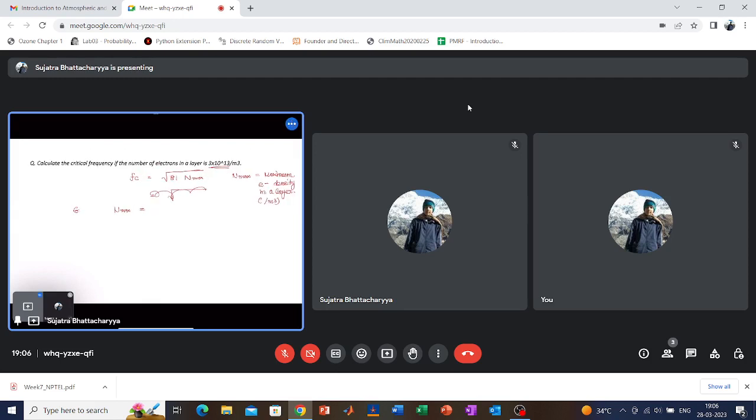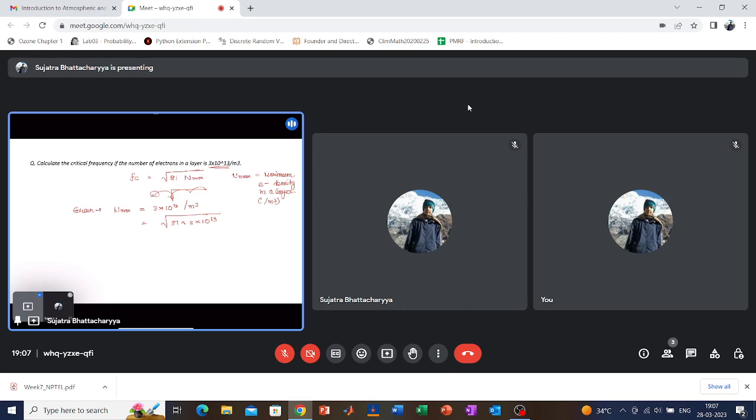It's a very small numerical based approach. This is 3 into 10 to the power 13 per meter cube. So if you do it, it will be about 81 into the n max, which is 3 into 10 to the power 13, or if it is in centimeter cube, then you have to multiply by 10 to the power minus 6.